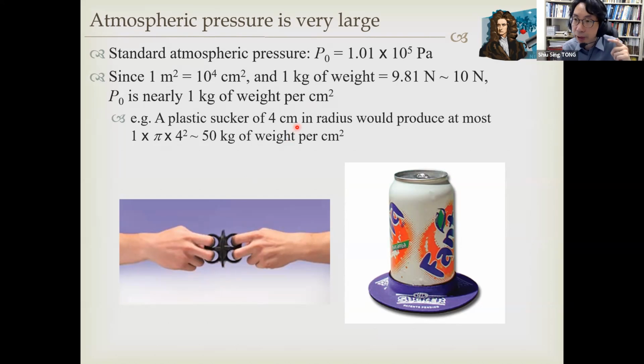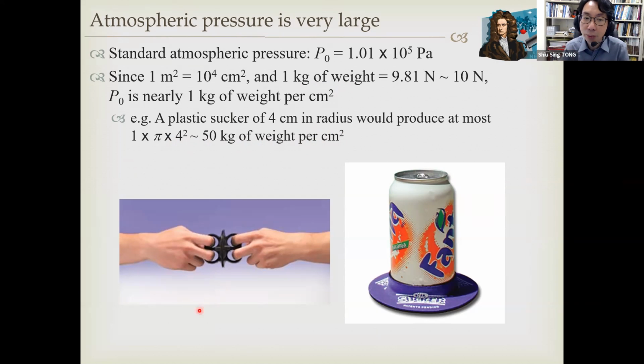If I assume for simplicity that the plastic sucker is circular and 4 cm in radius, that will produce an area of pi times 4 squared. And if I assume 1 kilogram of weight per cm square, I will get about 50 kilograms of weight. No, sorry, this is wrong. Not per cm square, but in total. Okay, in total, I will have 50 kilograms of weight pressing on it.